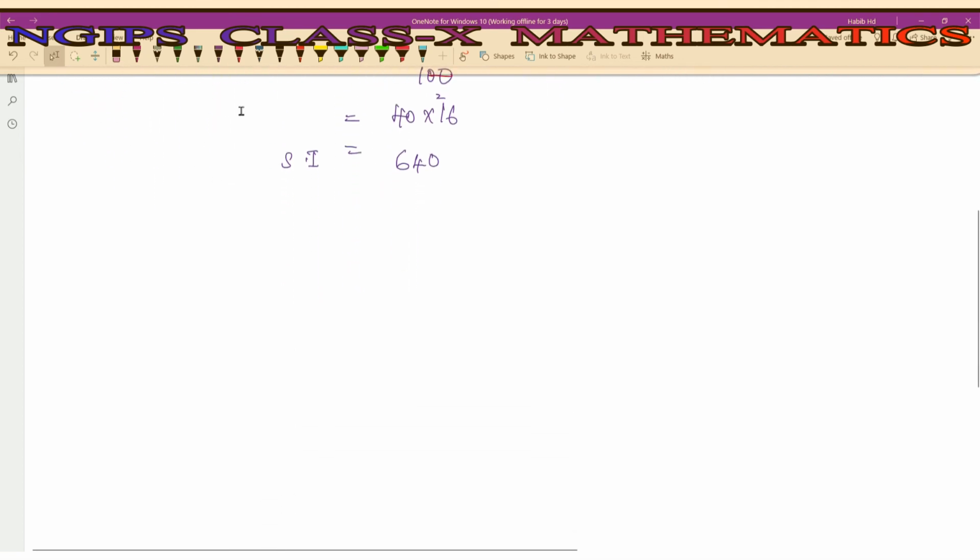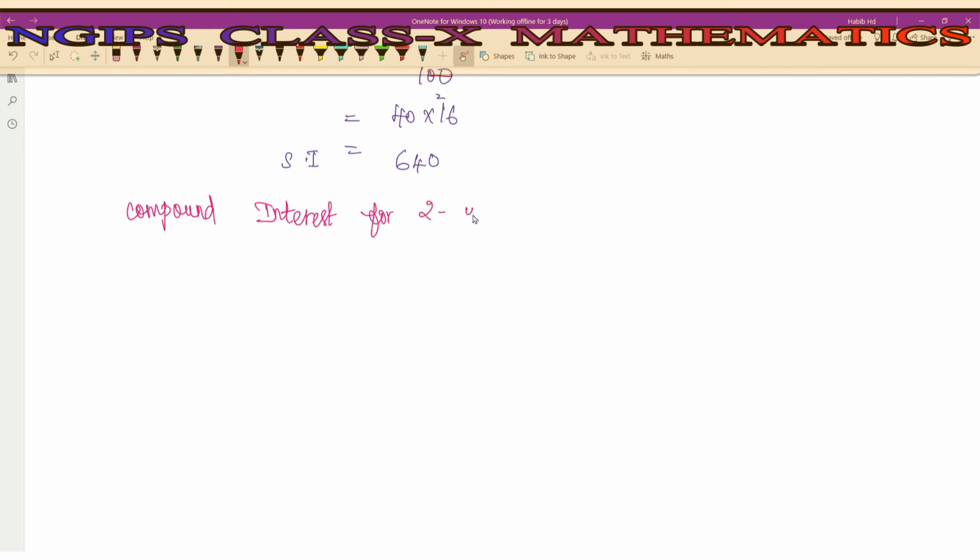Now we need to calculate the compound interest for 2 years. First I am going to find it for the first year.